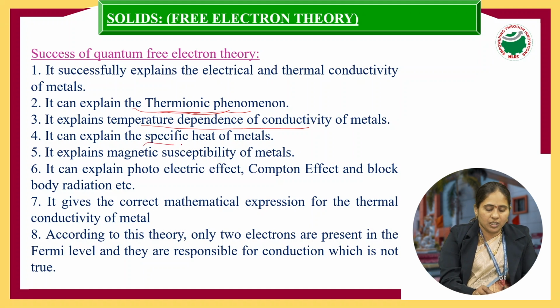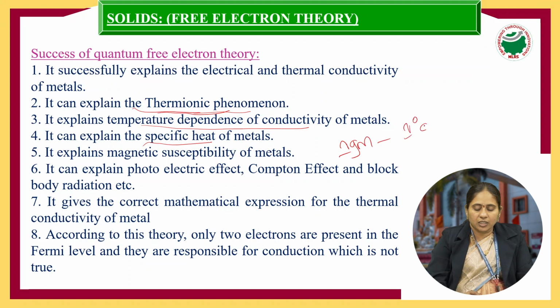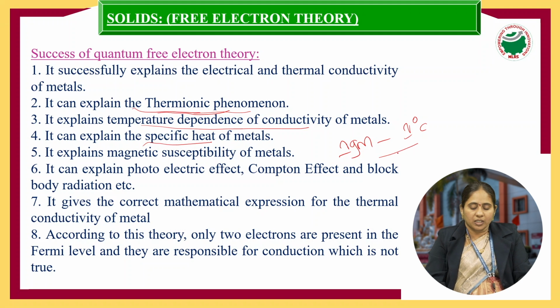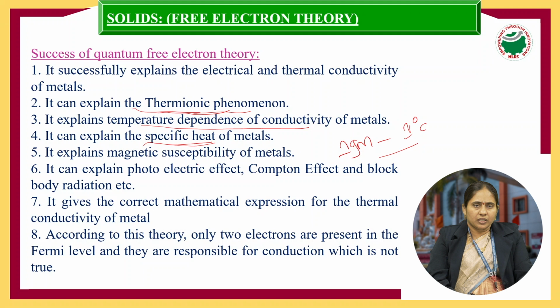So what is specific heat? If you want to heat 1 gram of material by 1 degree centigrade, the heat required is known as specific heat. That also is explained by the quantum free electron theory.